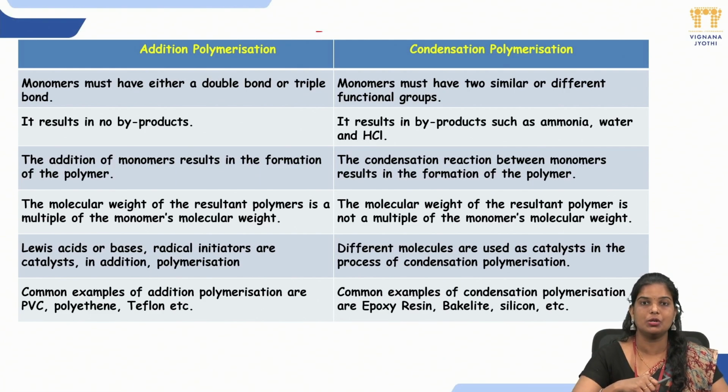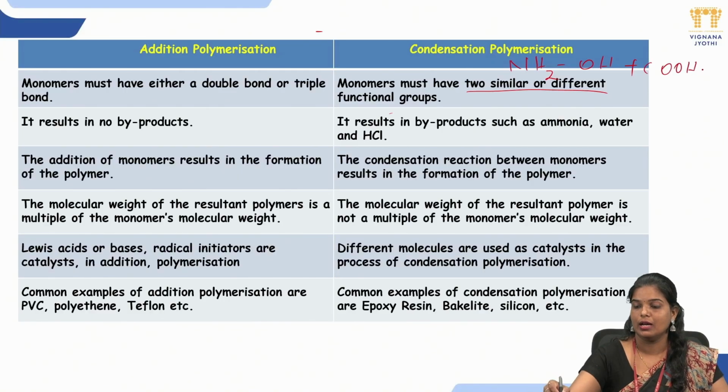Whereas in case of condensation polymerization, what is there? It is two similar or different functional groups. As we saw with nylon 6,6 in the previous slide, there was an amine group, NH2, and a carboxylic acid, COOH.